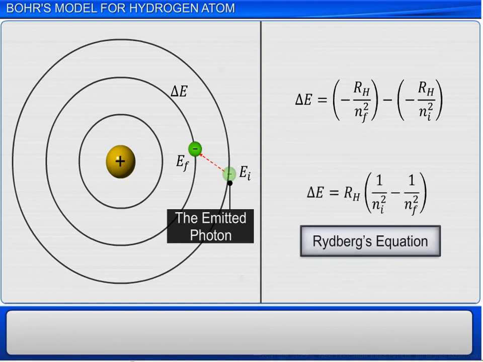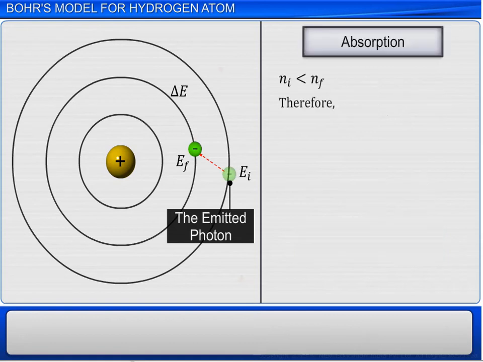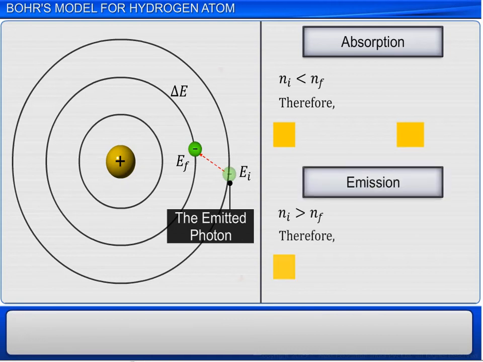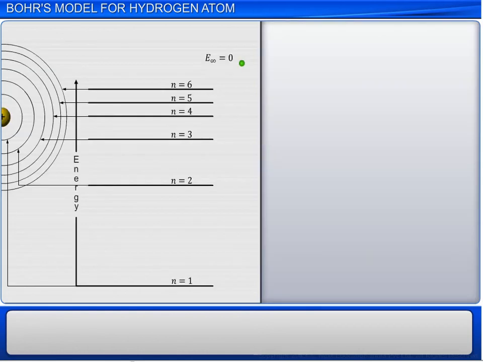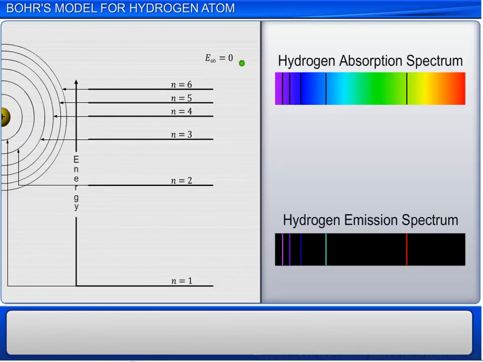Note that in case of absorption of energy, delta E is positive and in case of emission, delta E is negative. Thus, each spectral line in absorption or emission spectrum can be associated to transition of states by the electron of a particular hydrogen atom.